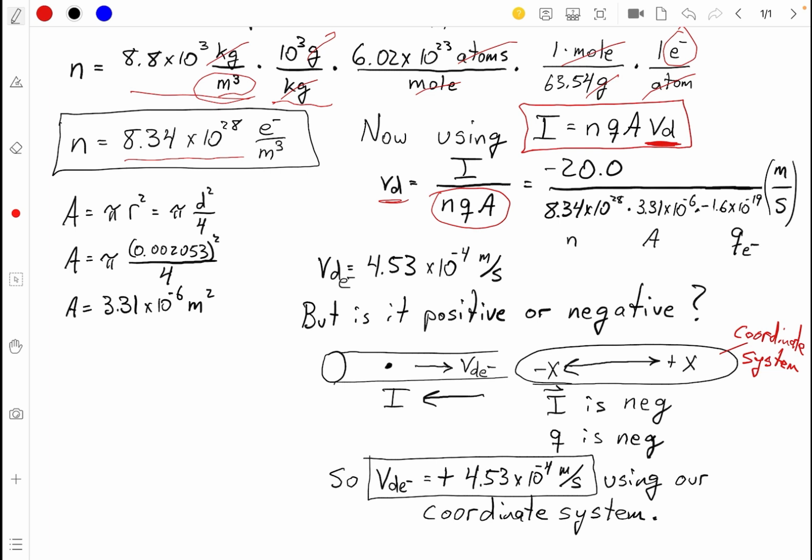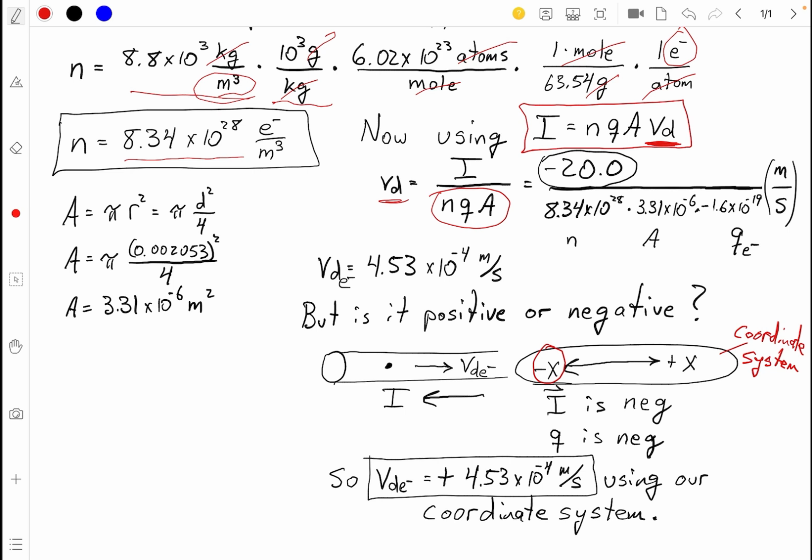The current is going in the other direction. So when I say that I've got negative 20 here, what I'm saying is, sure, it's a positive magnitude, but it's negative because it's going in a certain direction.